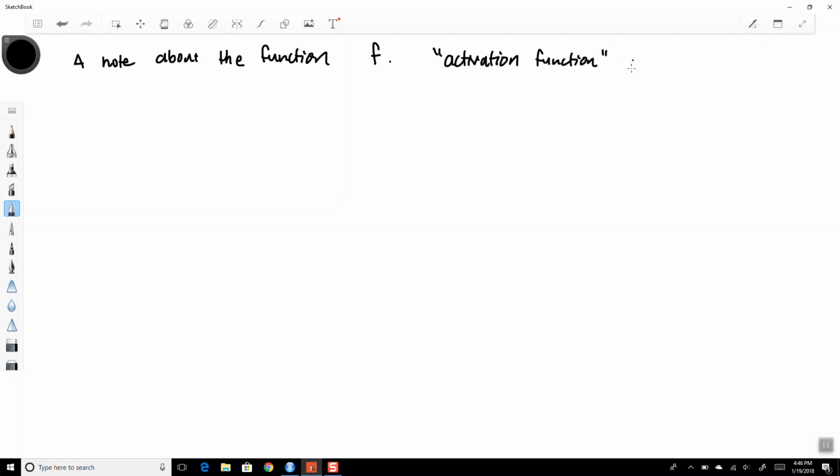It's a fancy name for the function f. What we're going to use is the sigmoid function.